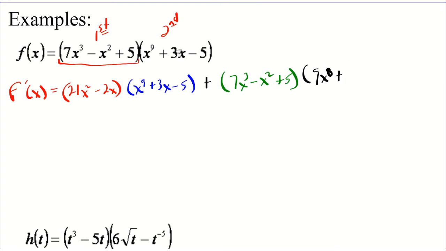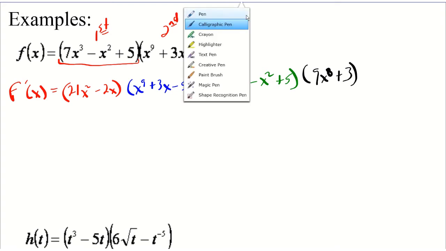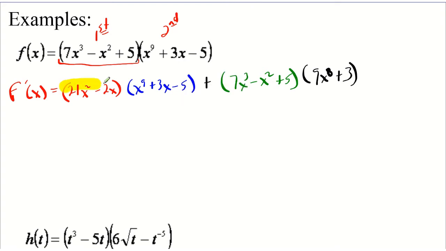I'm going to do the derivative. So 9x to the 8th plus 3. Right, for 3x the derivative would be 3, and the constant would be 0. So when you look at this, I really only did any work when I did the derivative of the first and the derivative of the second. The other parts of the derivative, I was just rewriting the original question.